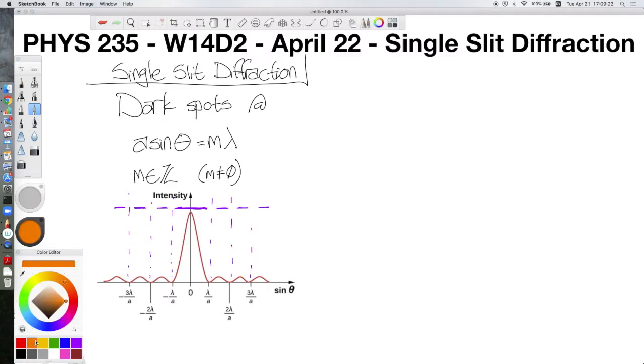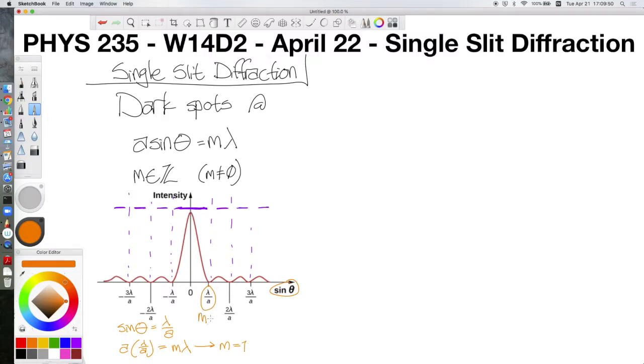So at this first dark spot right here, we have that sine of theta equals lambda over a. If we plug this into our equation above, we would have a times sine of theta, which is lambda over a, equals m times lambda. And everything cancels out except m equals 1.